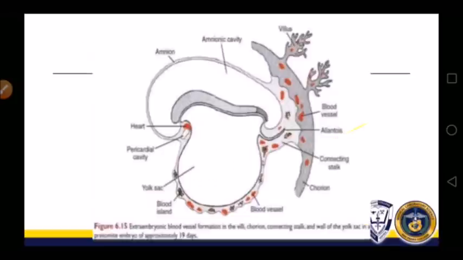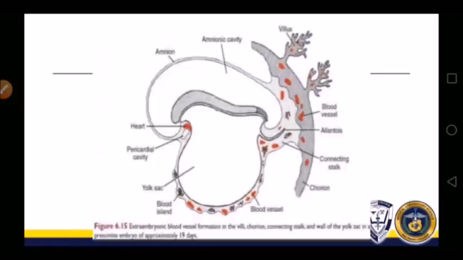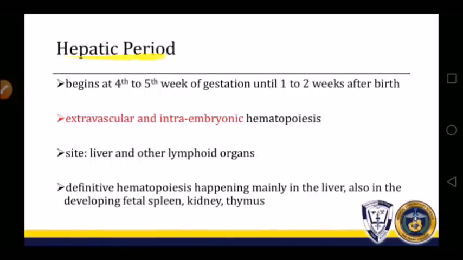And at the time of the hepatic period, the hematopoietic stem cells in the aorta gonad mesonephros region become active. So therefore, the hepatic period is a definitive hematopoiesis because the type of blood cells produced in the hepatic period is the same blood cells that we are producing today as adults.